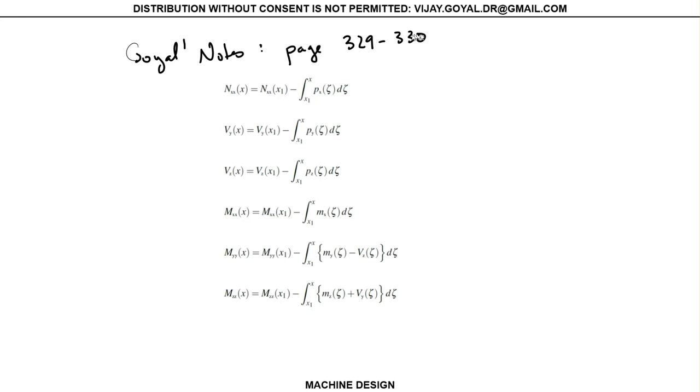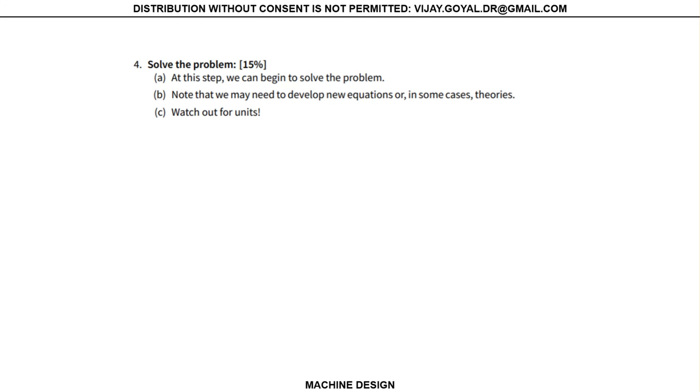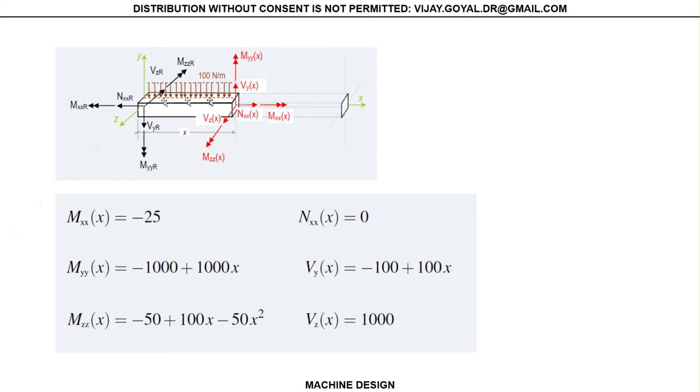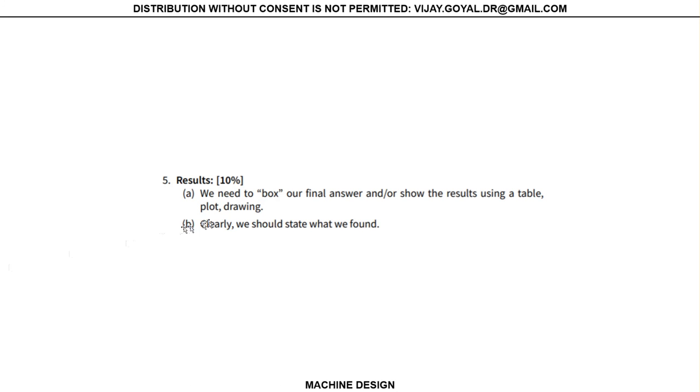That's one possibility you could do. You could just go ahead and add that. Or you can write these equations, and those are the equations that you mainly are going to use. The next part is to solve the problem. In this problem, you do all your section cuts, go in detail, solve the whole thing, and find what your equations look like. Okay? The last step is you want to show your results.